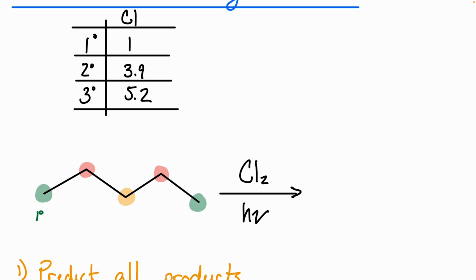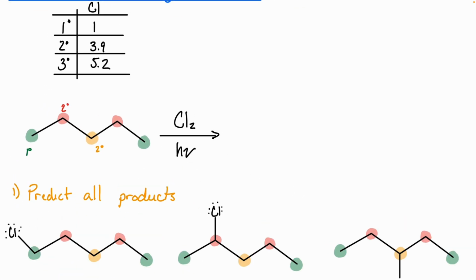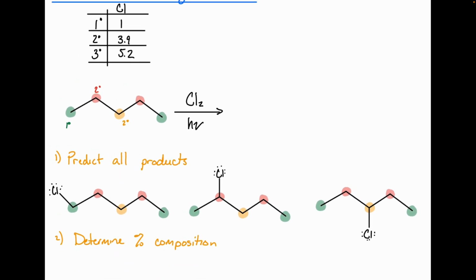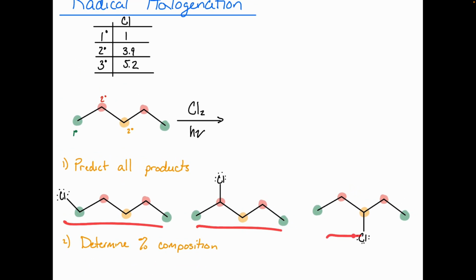Our red ones, secondary, and the orange one, also secondary. Now, these are both secondary carbons, but I'm going to treat them separately in my calculation because they would lead to different products, right? So I'm going to have to do 3 calculations here, one for each one of my distinct products. Regardless of the fact that these are both secondary, I don't lump them into the same group because they'd give me different products.